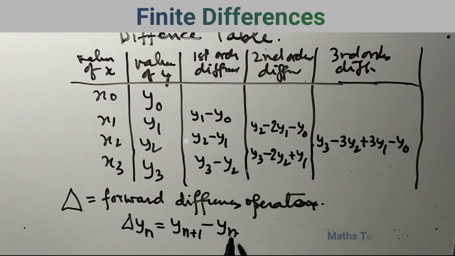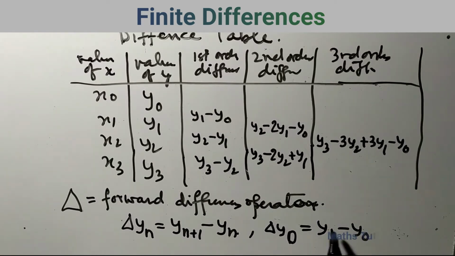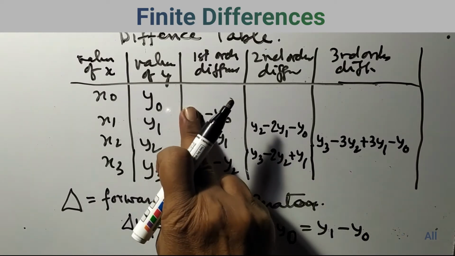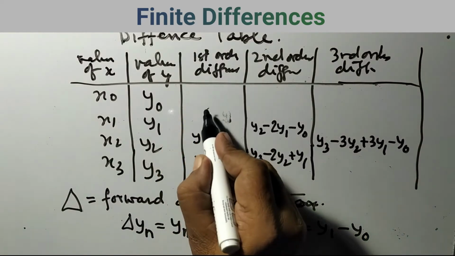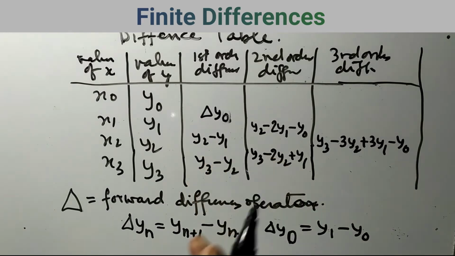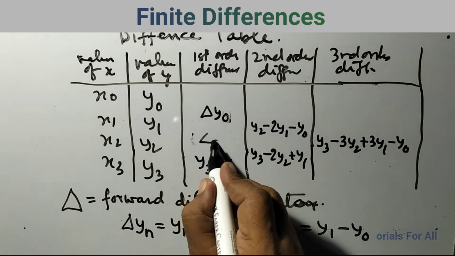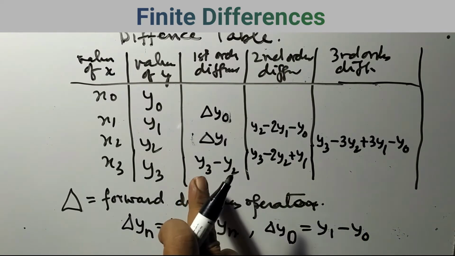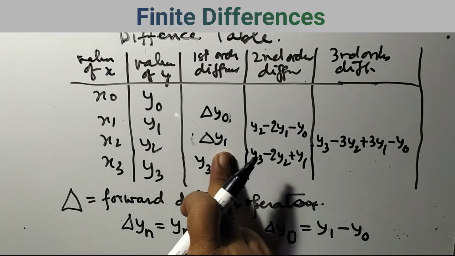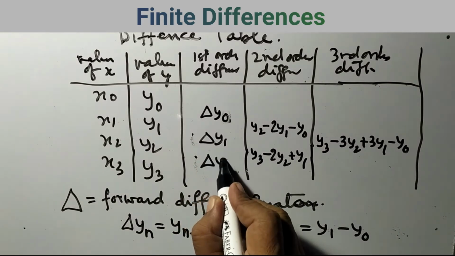So in this case, delta y0 is y1 minus y0. Similarly, y2 minus y1 becomes delta y1 and y3 minus y2 becomes delta y2.